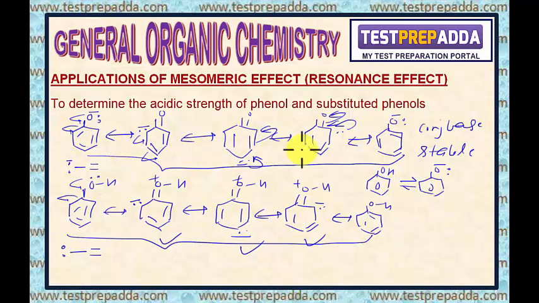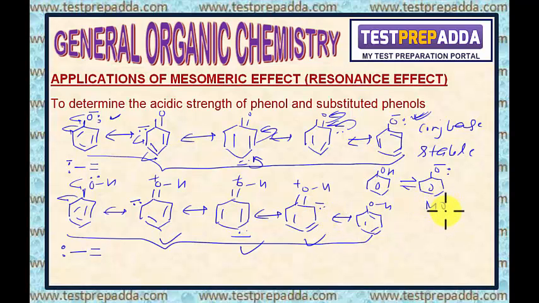If you look at the resonating structures of phenoxide ion, there are 2 cases where the negative charge is on oxygen. Negative charge on a more electronegative element. A more electronegative element is capable of holding negative charge, so it will provide more stability. So, the resonating structures of phenoxide ion are more stable than phenol.